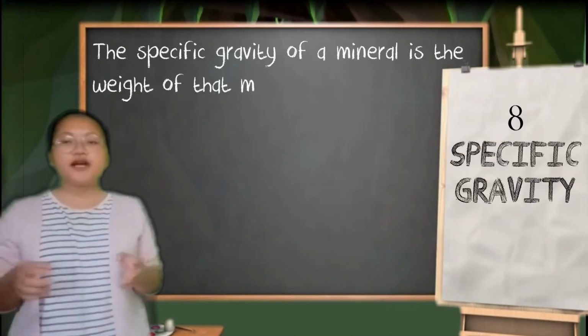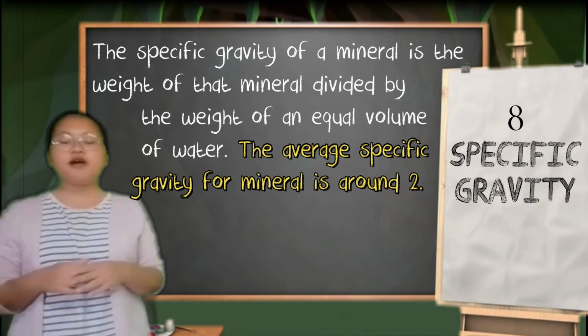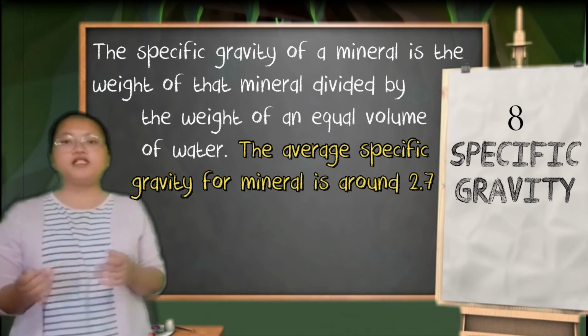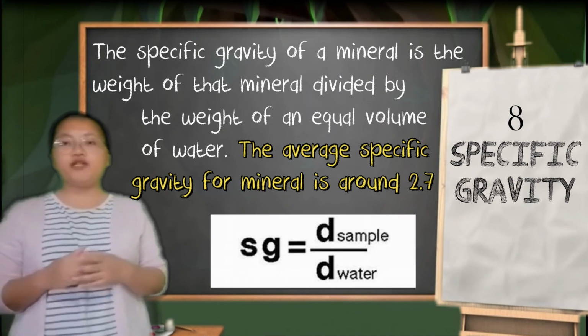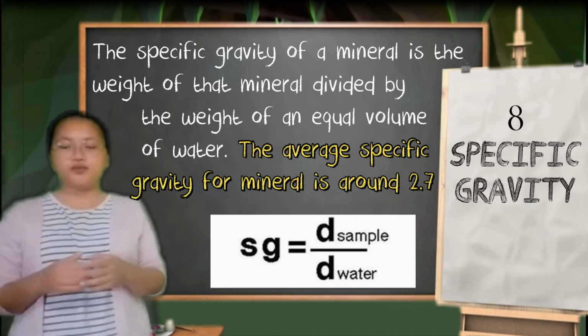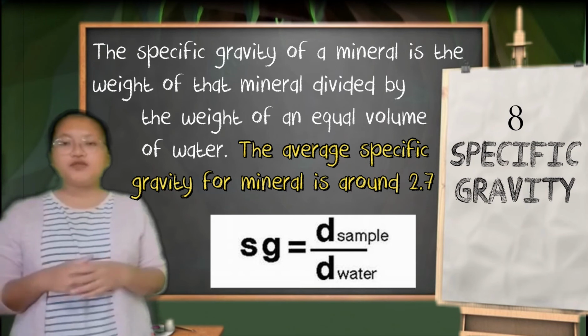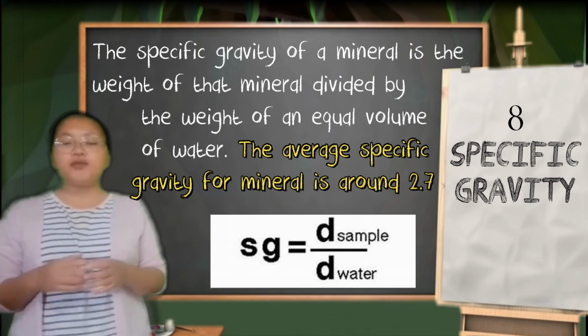Specific gravity. The specific gravity of a mineral is the weight of that mineral divided by the weight of an equal volume of water. The average specific gravity for minerals is around 2.7.